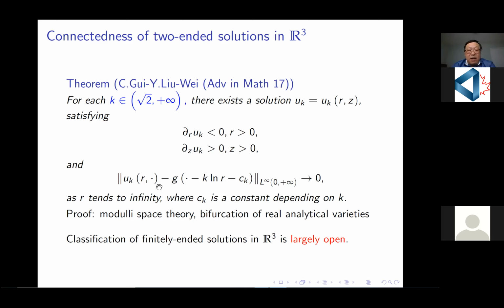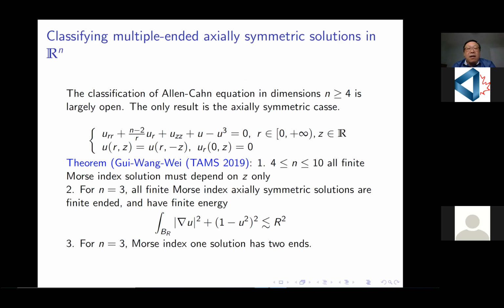So the classification of finite-ended solutions in R3 is largely open. The only known result is in high dimensions, n greater than 4, and it is the axially symmetric case. In the axially symmetric case, with Gui and Wang, we prove a similar result as in 2D: in dimensions between 4 and 10, all finite Morse index solutions must depend on z only.